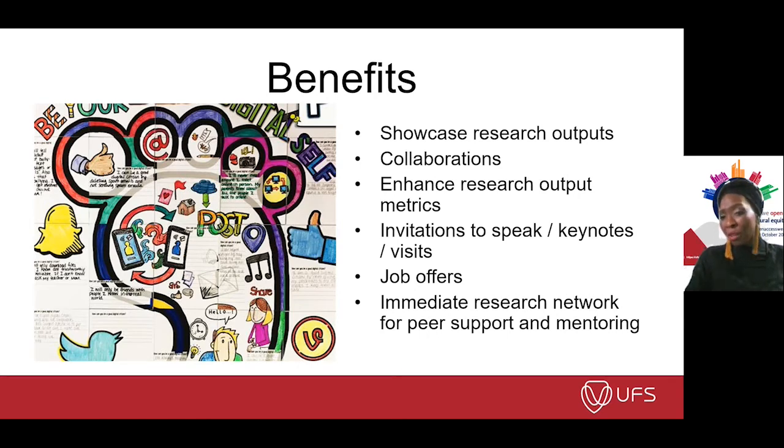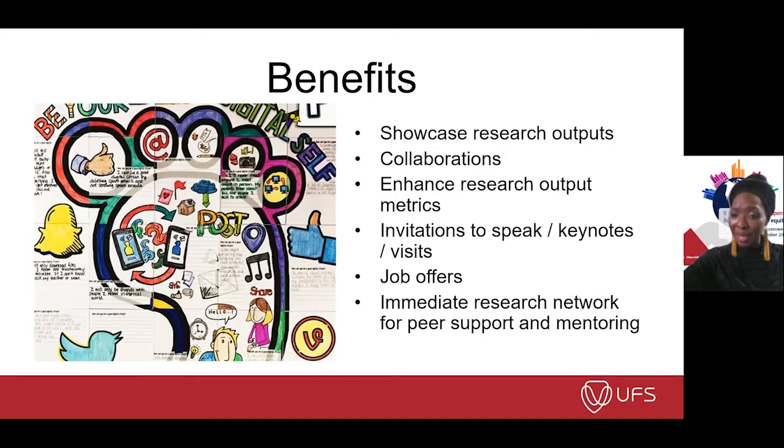And another benefit of having a positive online presence as a researcher is that you are able to build collaborations. As people get to see your work, they will also be able to engage with you, to network with you, and in that manner, you can build collaborations for future research projects. And it also helps in enhancing your research output metrics, both the traditional metrics.